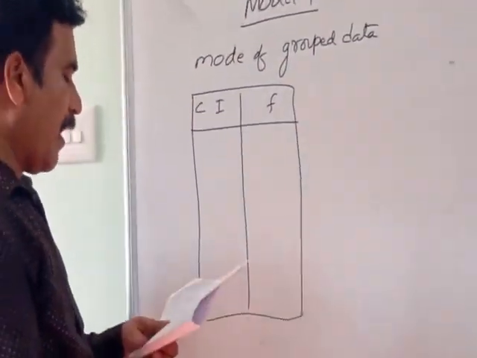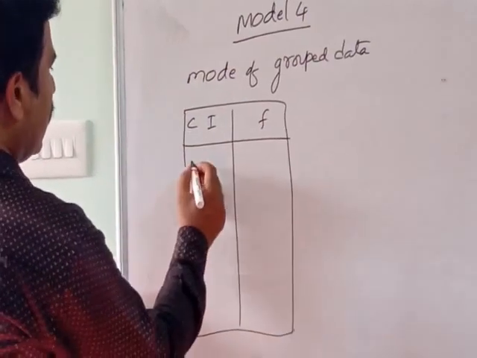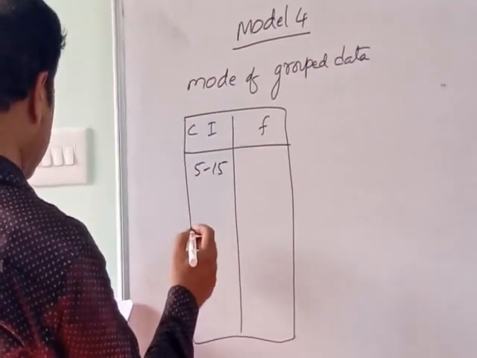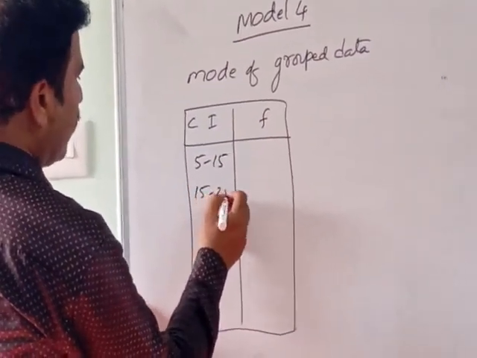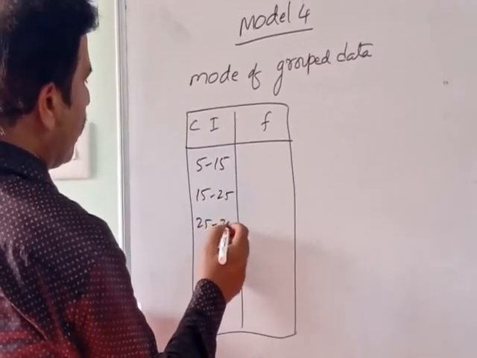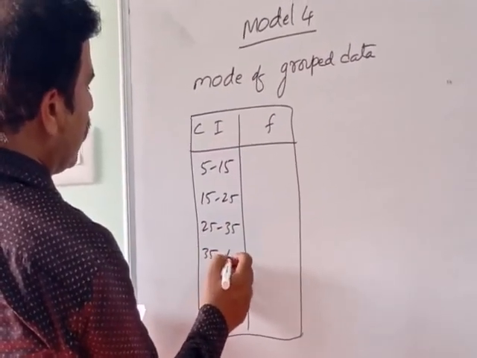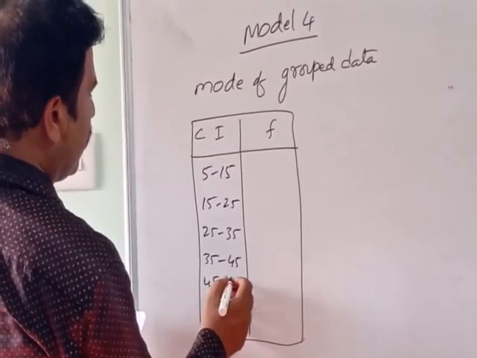Example, take the values: class interval 5 to 15, 15 to 25, 25 to 35, 35 to 45, 45 to 55.